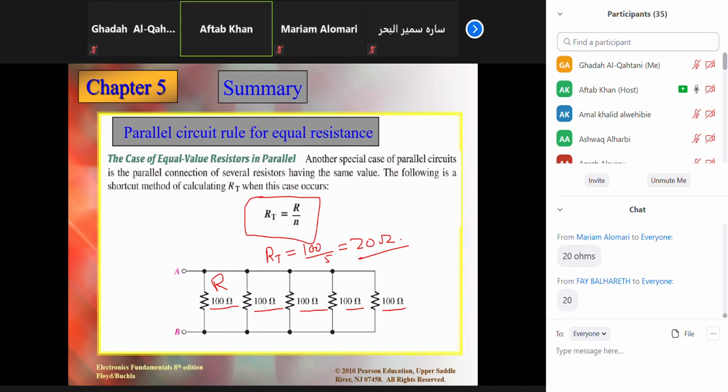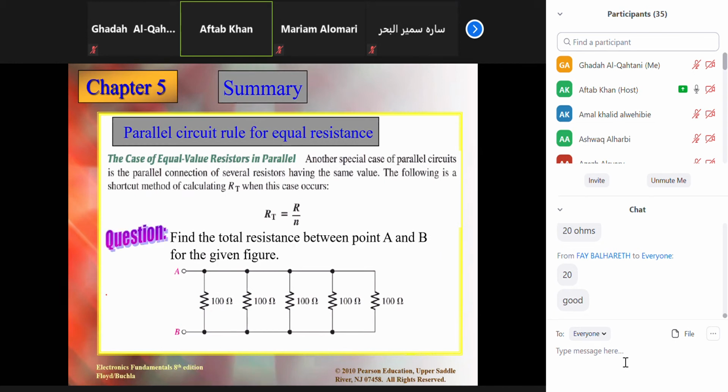Some resistances will be connected in series, some in parallel. If you find some values are the same which are in parallel, I can quickly apply this formula. Actually, it is not a new law, it is the modified formula, the special case formula. All right, so it will be helpful for you. Okay, good. So just move next now.